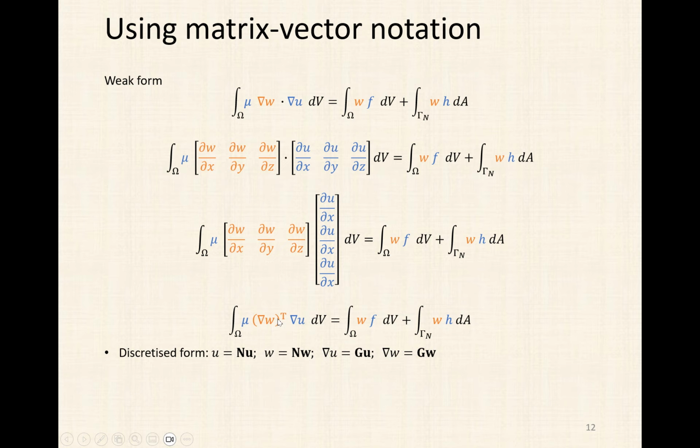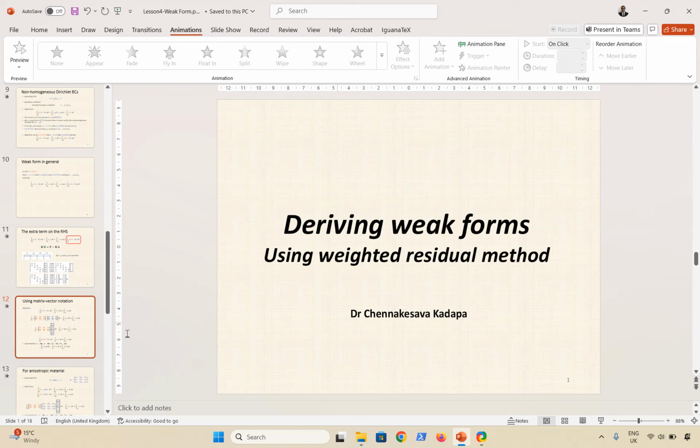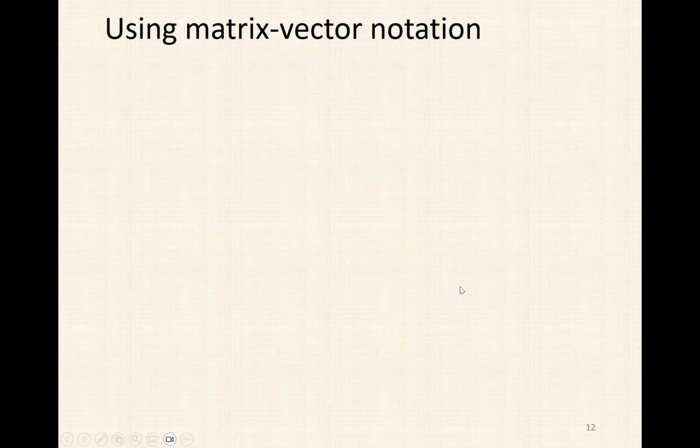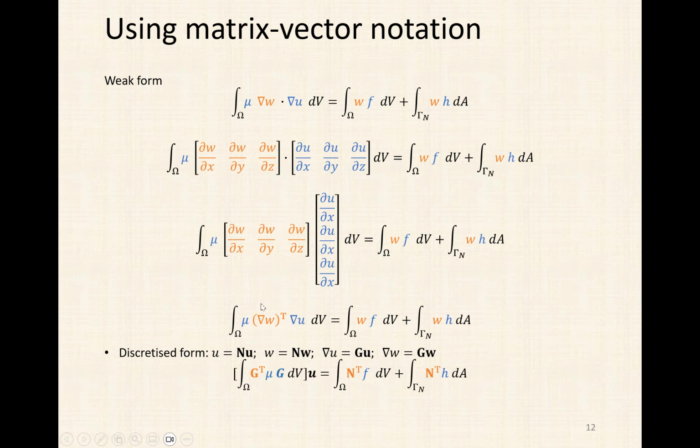Once we substitute them here and get rid of the other terms, by writing this in matrix vector form it is easier for us to write the discretized form.